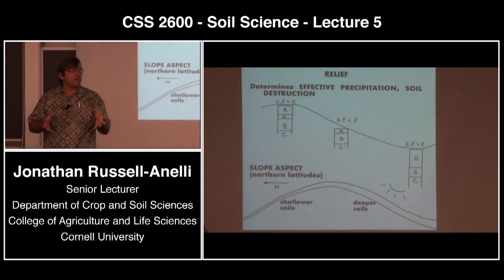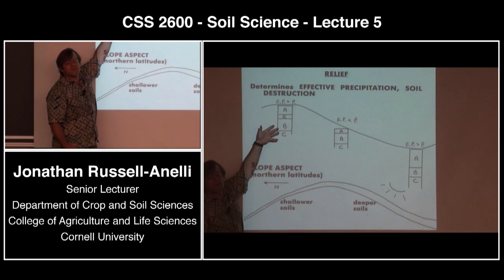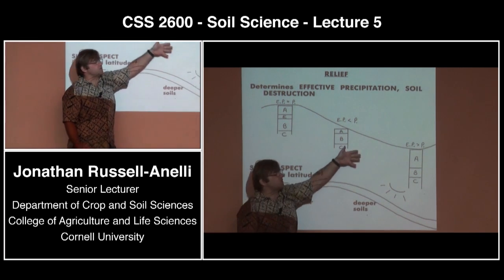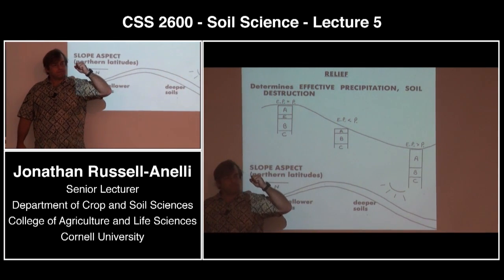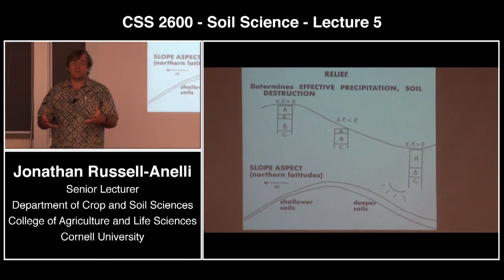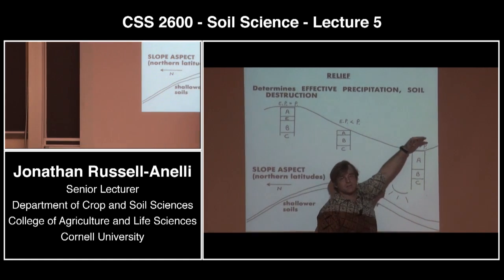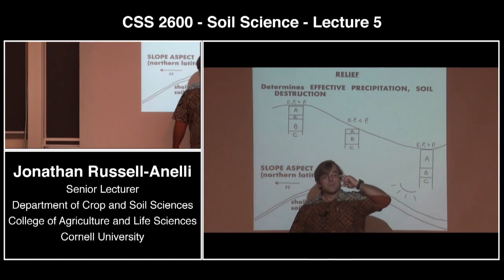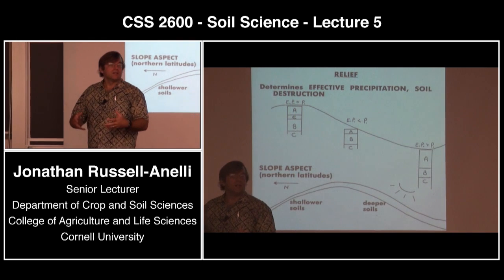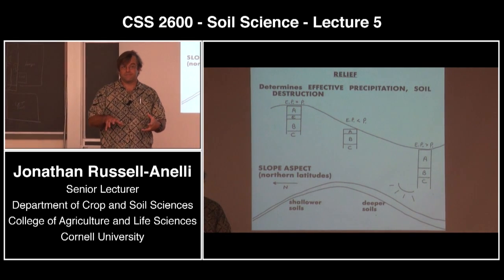Why is this? Why do we have this profile here versus here versus here? Well, gravity happens, right? Imagine we have a rain event, and it rains evenly across this entire landscape. Now, some of that rain is going to infiltrate into the soil. Some of it's not, though.